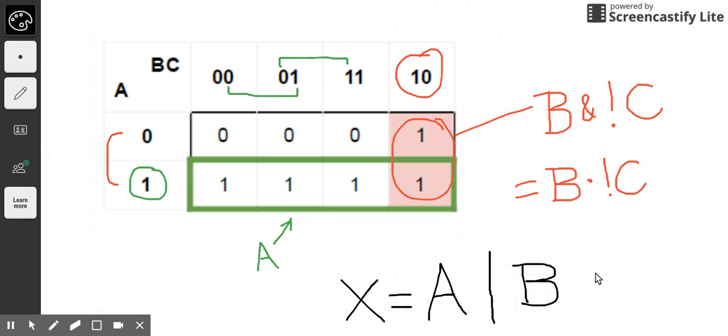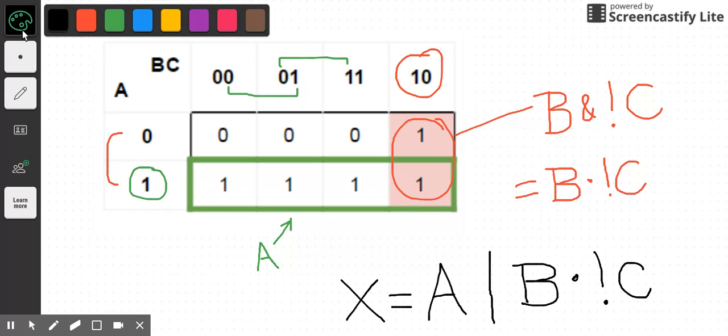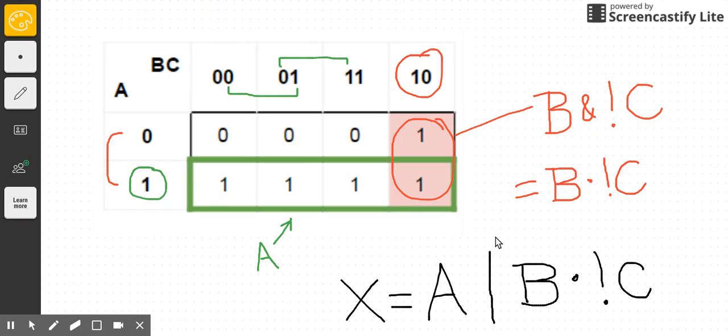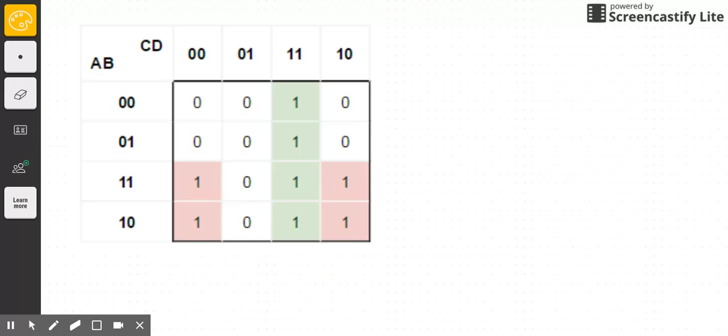So A or B and not C. All right, so that is our final equation for this Karnaugh map right here.